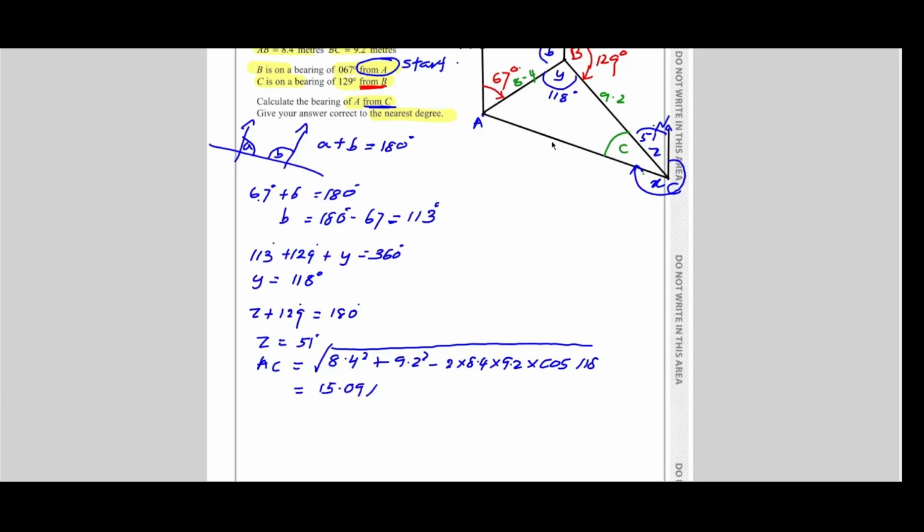So we have this side, 15.091. Now we can use sine rule and get this angle.